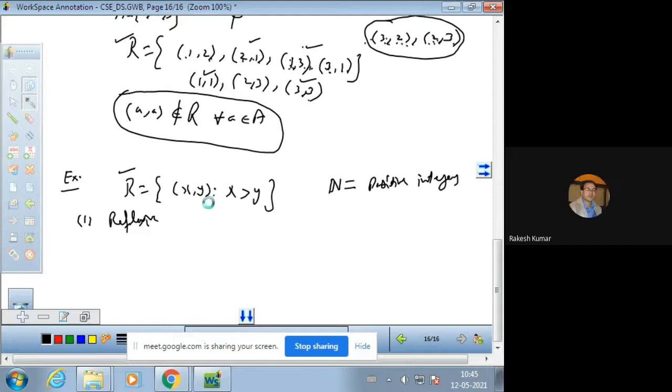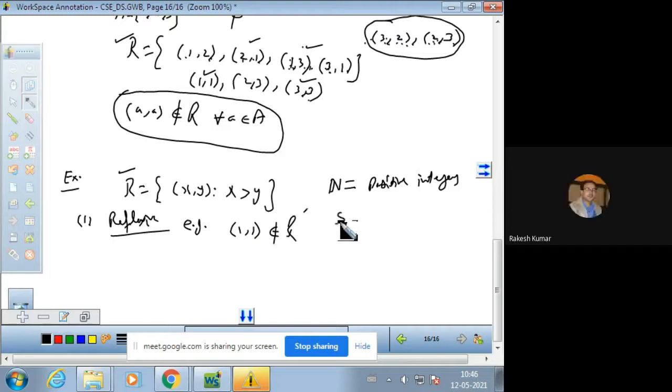This relation is not reflexive because 1 is not greater than 1 or 2 is not greater than 2. So this is not reflexive. For example, (1,1) does not belong to R. So this is not satisfying the reflexive property. We also have another relation.